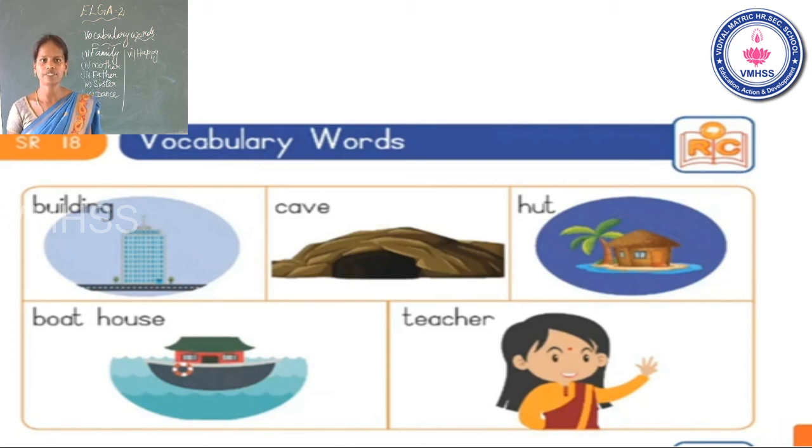Hut means kudisai veedu. Fourth one is boat house. What is the meaning of boat house? A house which is made on the boat. Last one is teacher. Who teaches a lesson? The teacher. Teacher what will they do? They teach. Okay.